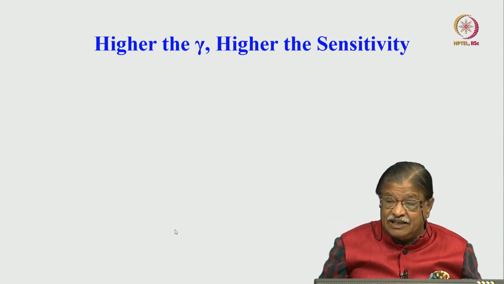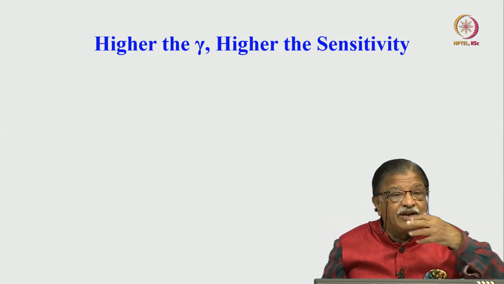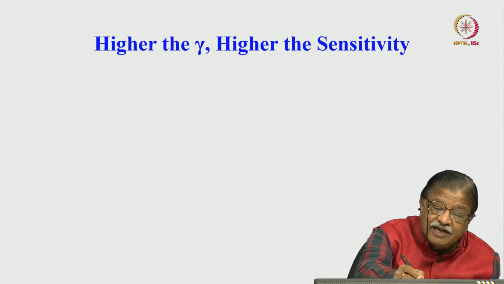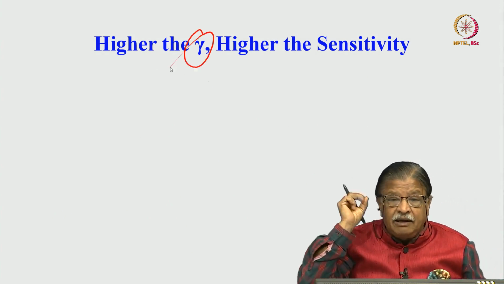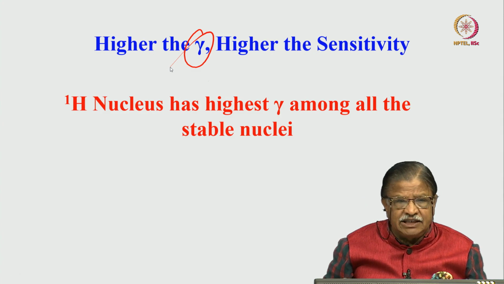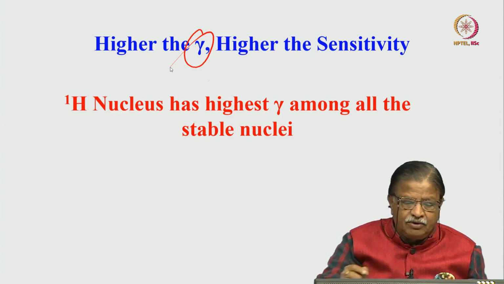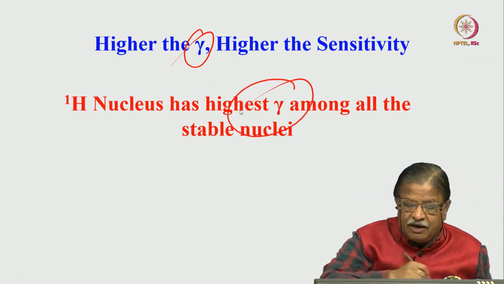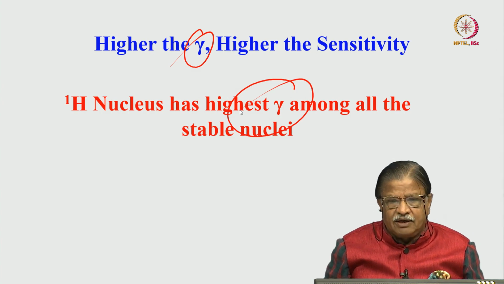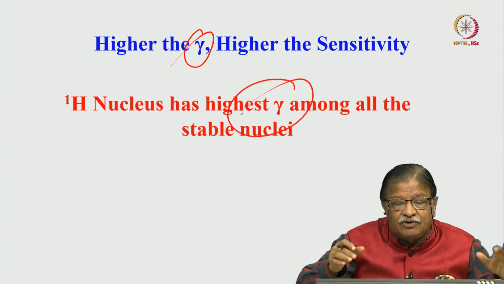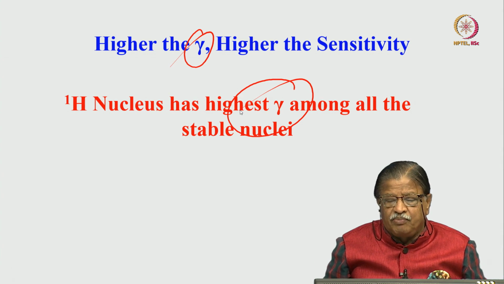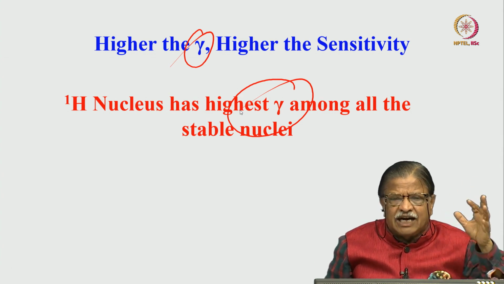So there are other factors responsible for giving better sensitivity. One is gamma. The higher the gamma, the higher the sensitivity. As I told you, the nucleus with the highest gamma among all the stable isotopes is the proton. Proton, that is hydrogen, has the highest gamma.